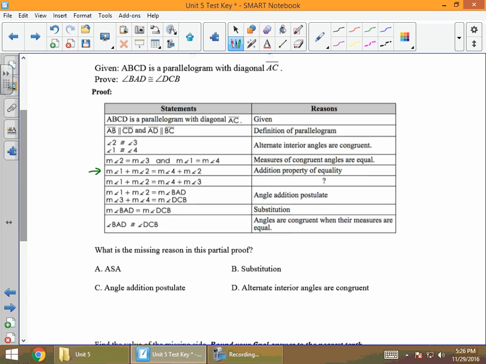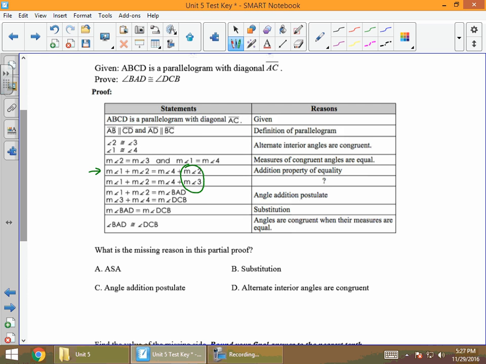Then what changes from the line that the arrow is pointing at? What changes in the next line down? Well, I can see the left side is still the same. No changes. The right side, the measure of angle 4, is still the same. No changes. So the only change is that I've changed the measure of angle 2 to the measure of angle 3.